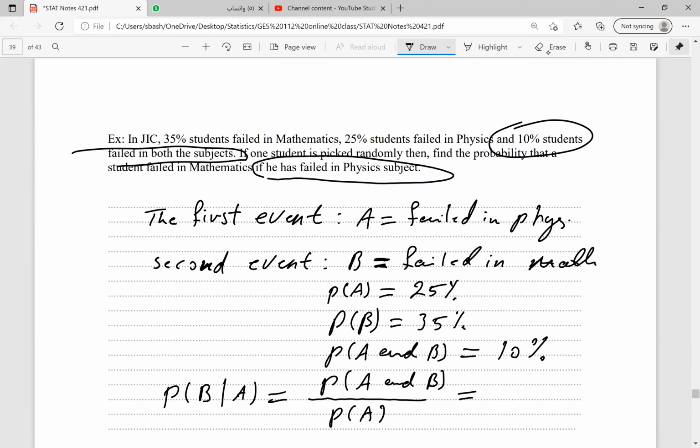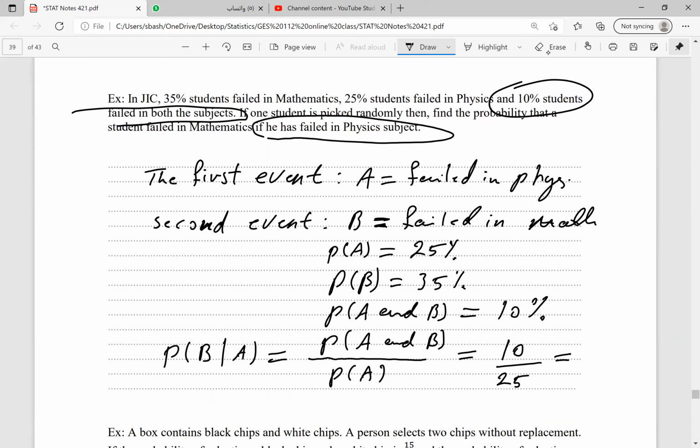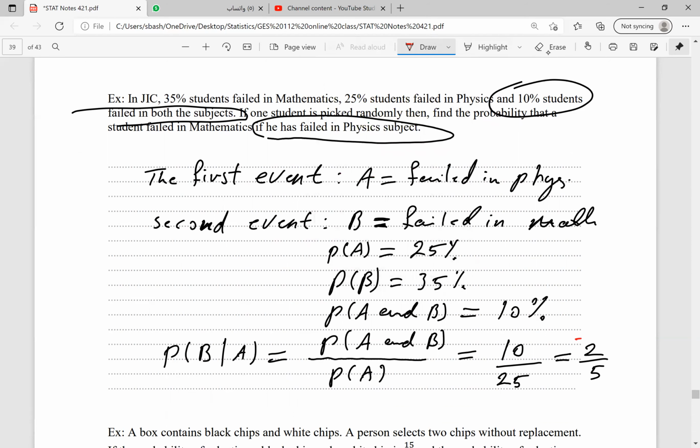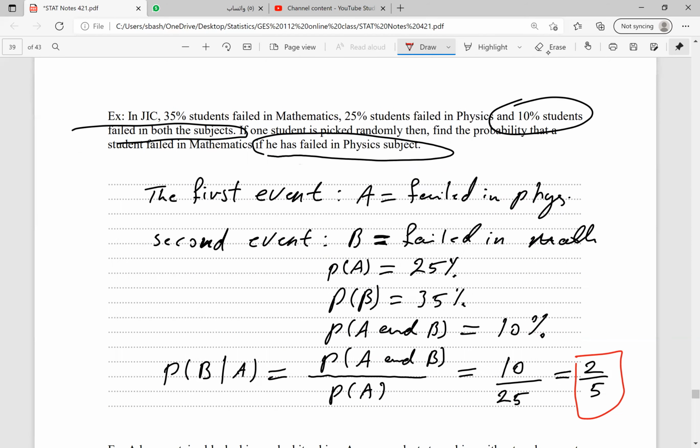Now getting failed in both of them is 10%, divided by failed in physics, which is 25. So this is divided by 5, and I will get 2 out of 5. So the probability of one student failing in math if he failed in physics is 2/5, which is 40%. Sorry, not 0.8%. 2 divided by 5 equals 40%. So this is the idea of conditional probability.